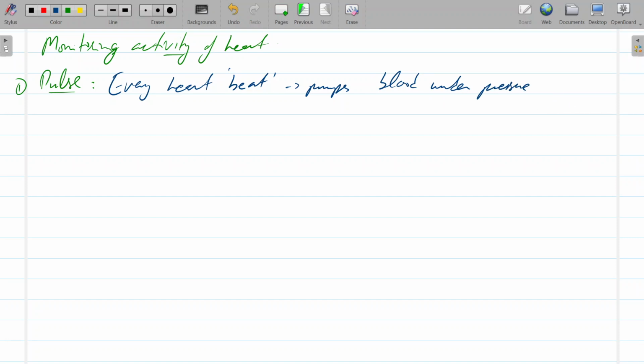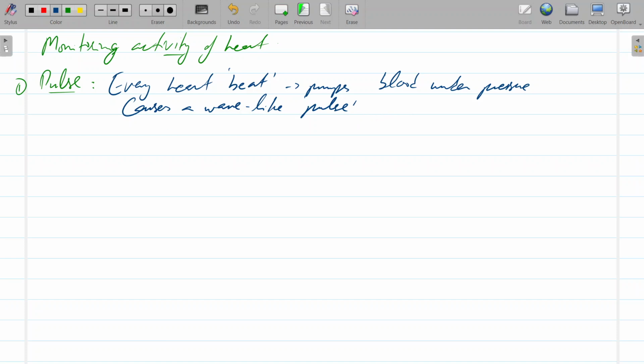And that causes sort of a wave to pass through the arteries as the new blood comes in. A wave-like pulse, right? And so that is what you're detecting.